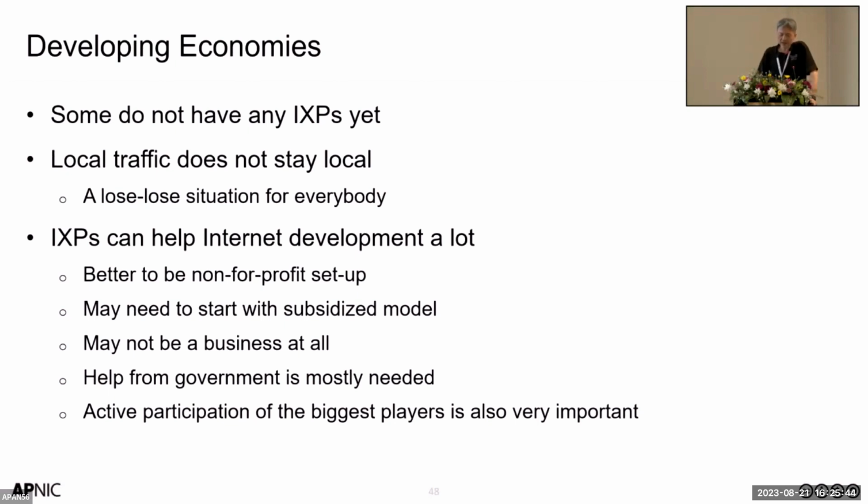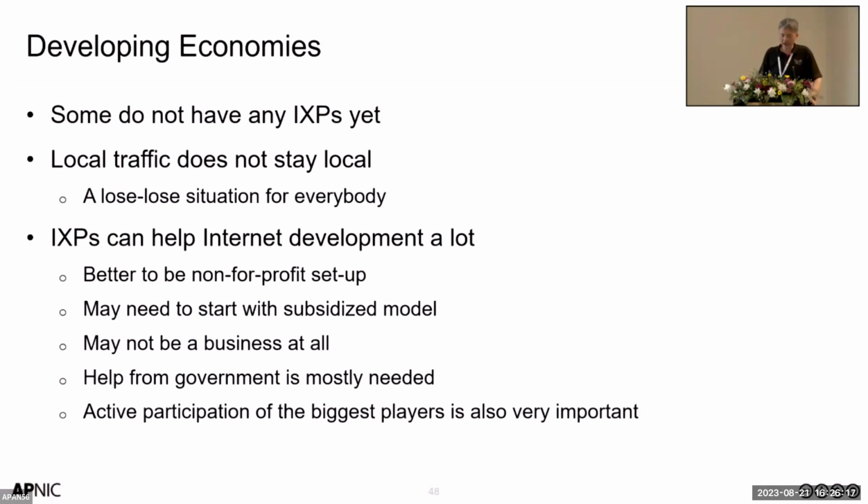Developing economies are very different, I have to say, because some even do not have an IX, and local traffic usually does not stay local. It's a lose-lose situation. In fact, IX can help internet development a lot. As I mentioned, it helps keep the cost of connecting to the internet down, and also helps local content development and local application development.